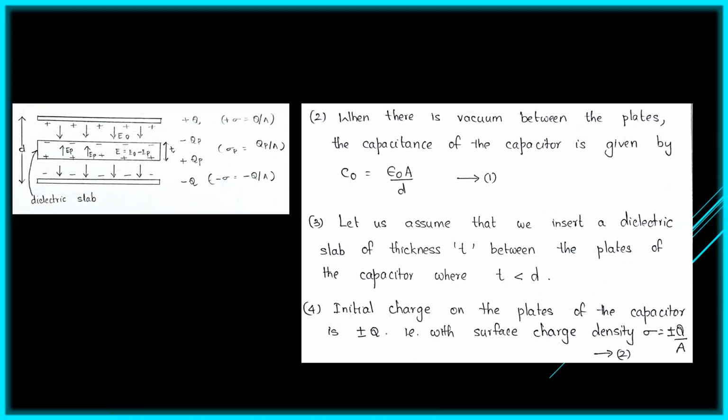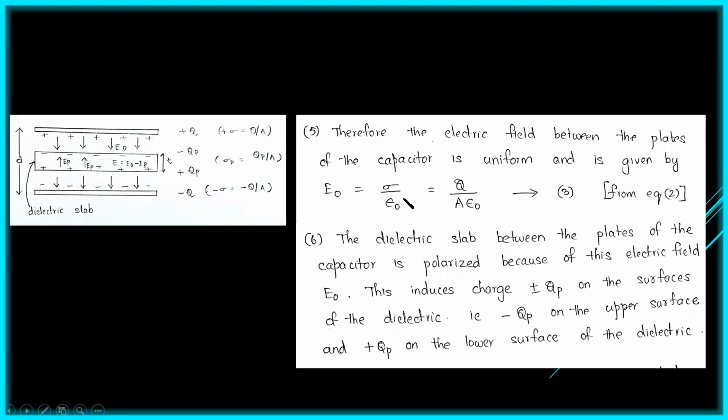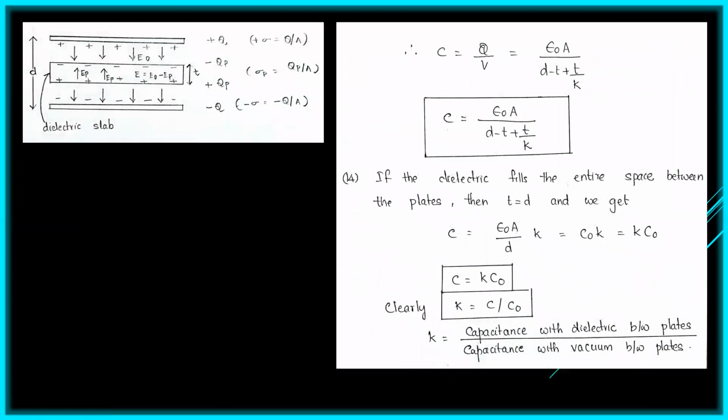So we have substituted our first equation there, not the third equation, sorry. Here we have substituted epsilon naught A by d is equal to C naught. Therefore, C is equal to K C naught, where K is the dielectric constant.